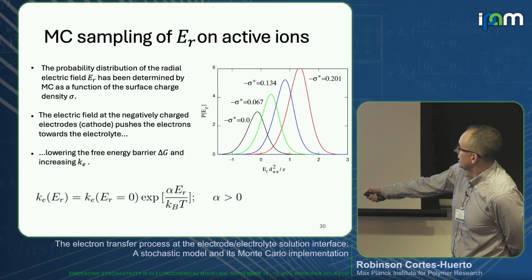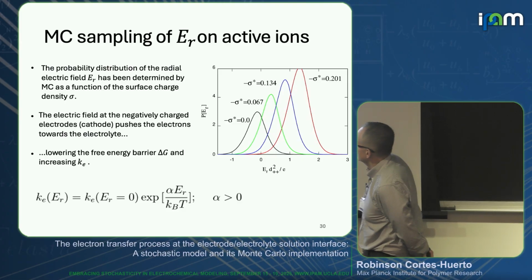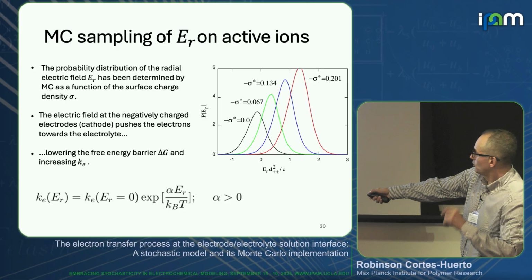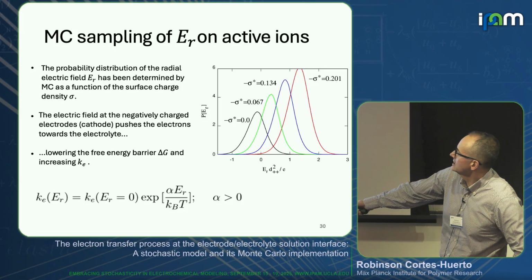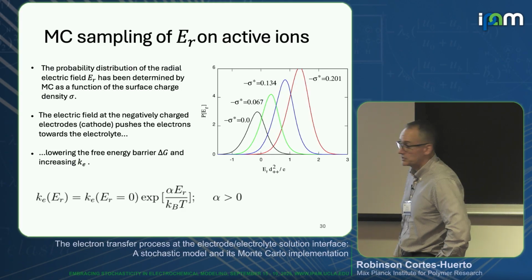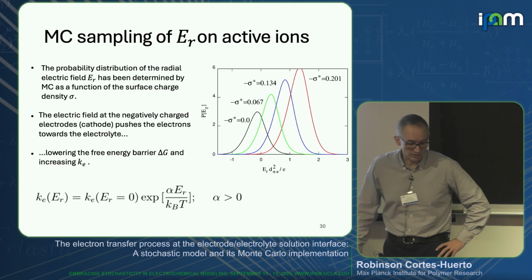And this lowers the free energy barrier, delta G. If we consider that this is a thermally activated process, or thermally driven process, more precisely, then we can express the dependence of this electron transfer rate in terms of an exponential like this, proportional to the electric field.